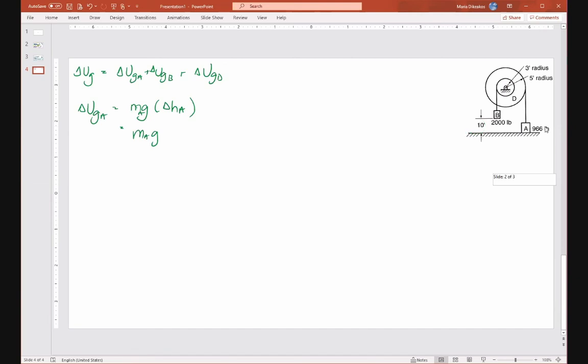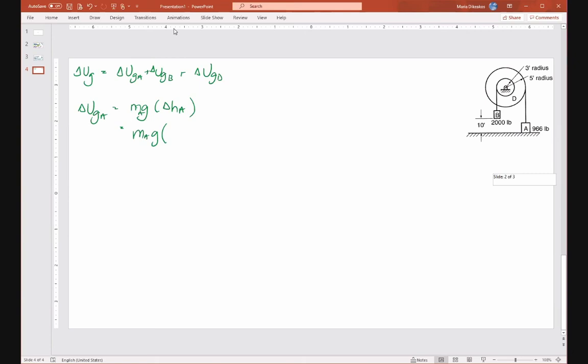So what is the height change of mass A? When B hits the ground, its height has changed by how much? 10 feet, because the rope never changes length.